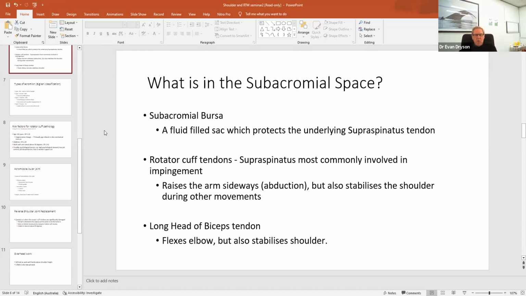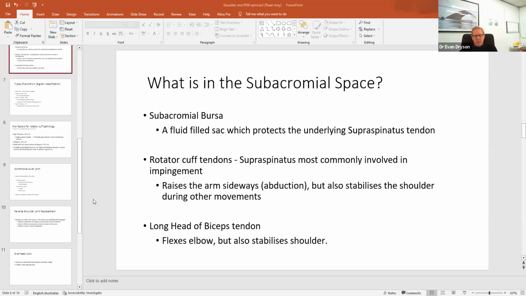There are 4 rotator cuff tendons, and each one of them has an effect on different movements of the arm. So, for example, the supraspinatus raises your arm sideways, the subscapularis raises your arm forwards, and the teres minor raises your arm backwards.